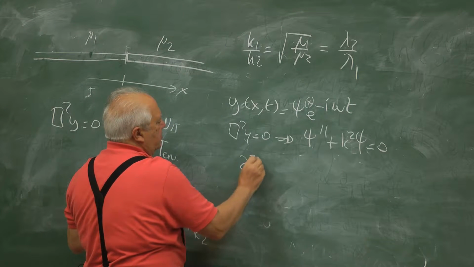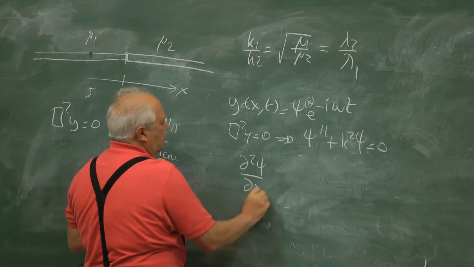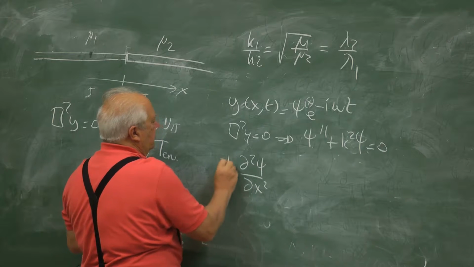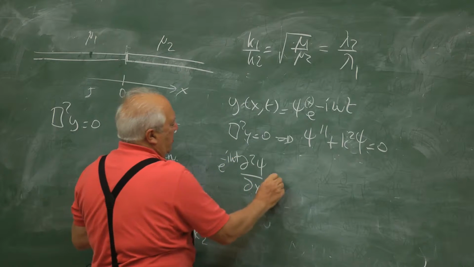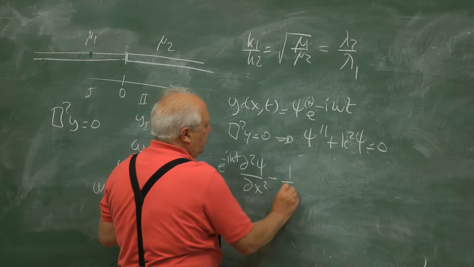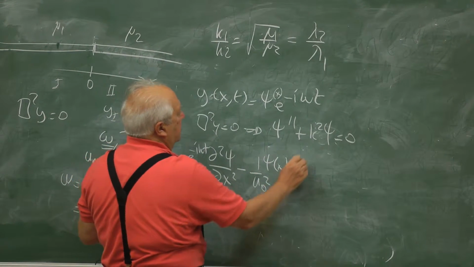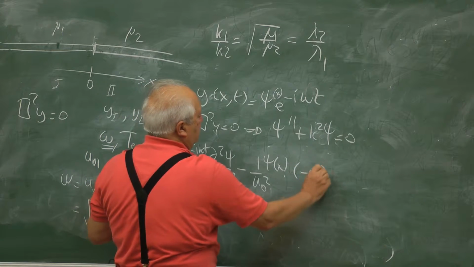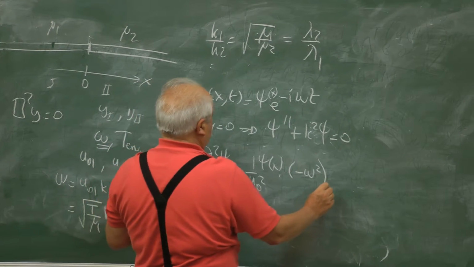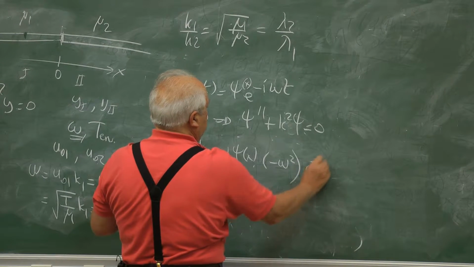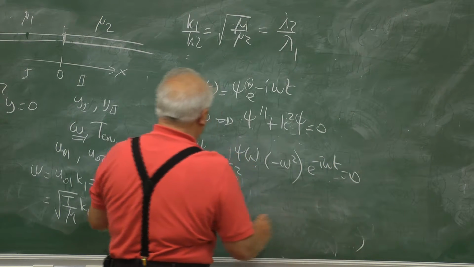So del square, let me do it: d squared psi by dx squared times e to the minus i omega t minus 1 over u0 square psi of x times minus omega square times e to the minus i omega t is equal to 0.